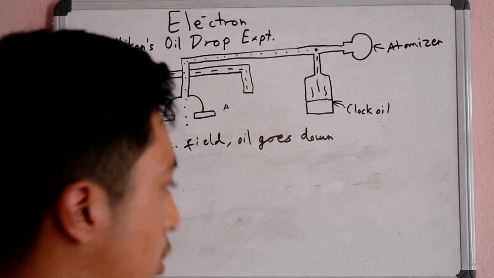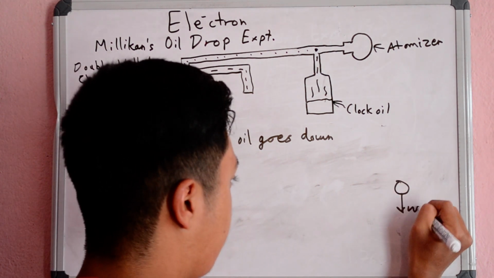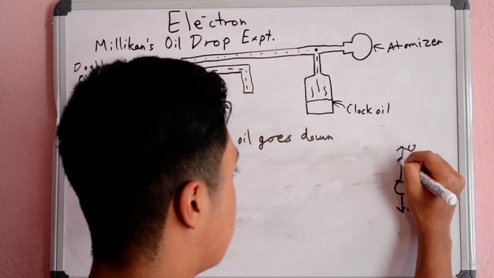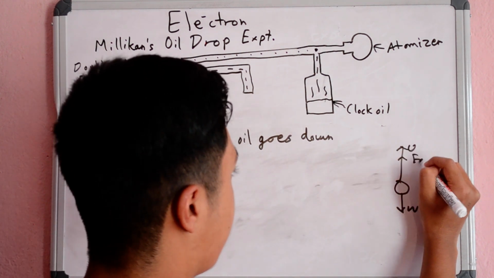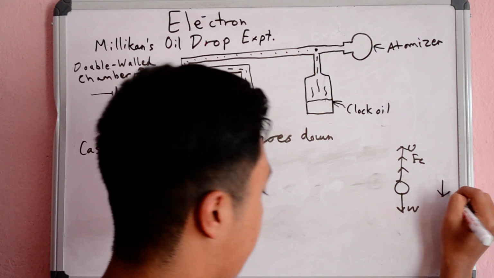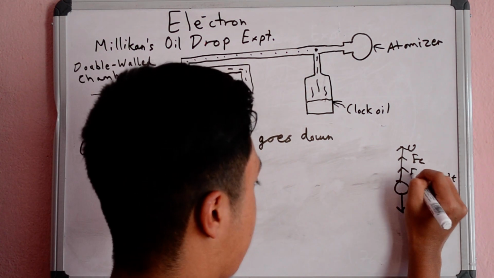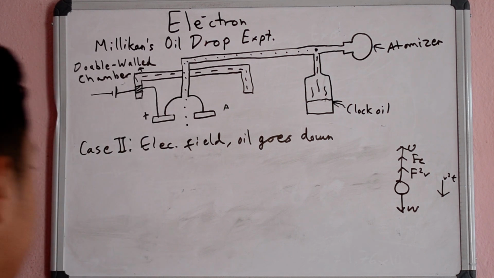So that means now the weight of the oil balances the upthrust, the electric field, and also the new viscous force. Now since there is an electric field, it travels with another terminal velocity v2, so it experiences another viscous force F to v.